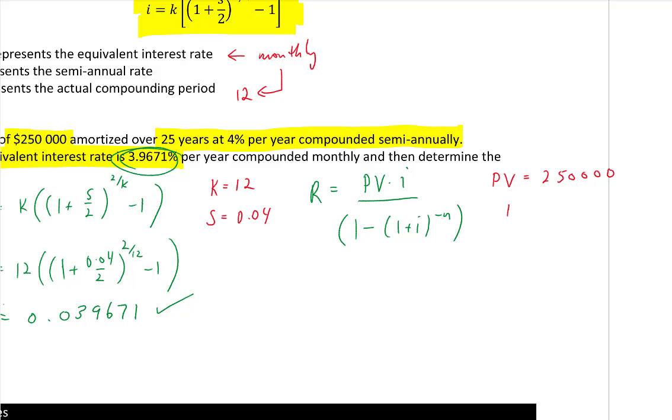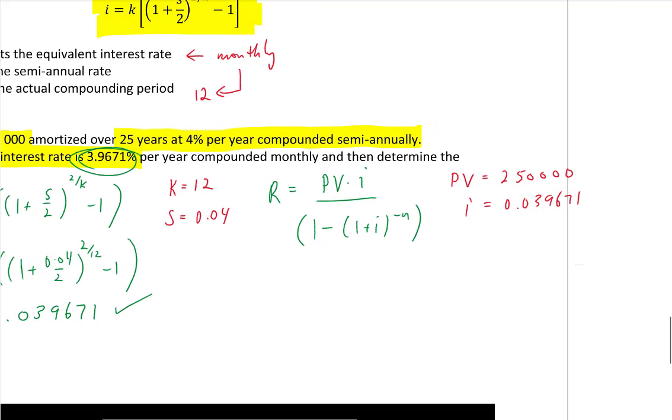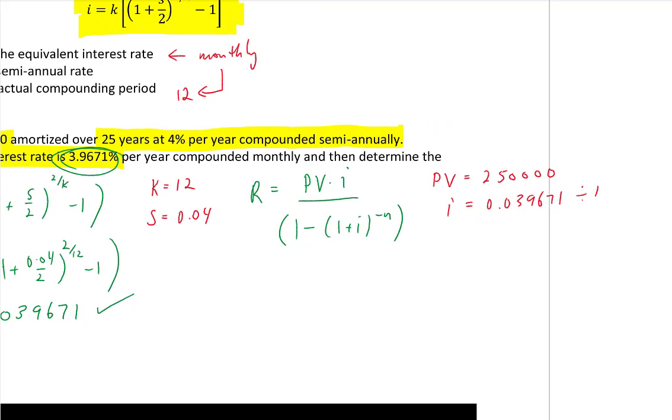The interest rate we just calculated to be 0.039671, but since we want a monthly value, we're going to divide it by 12, and that gives us 0.0033059. And finally, the n. So we're making monthly payments for 25 years, so 25 times 12 is equal to 300.